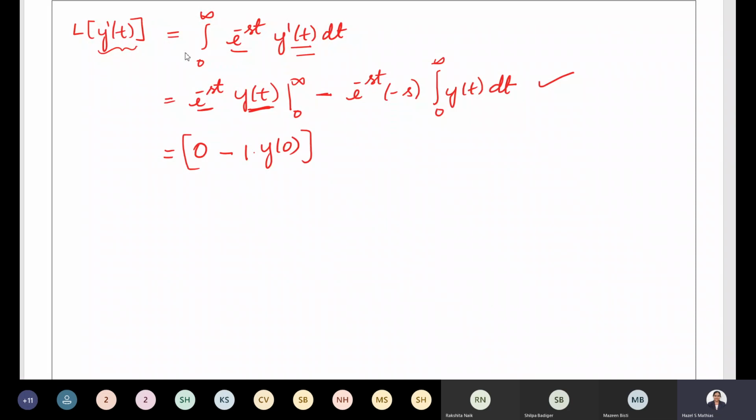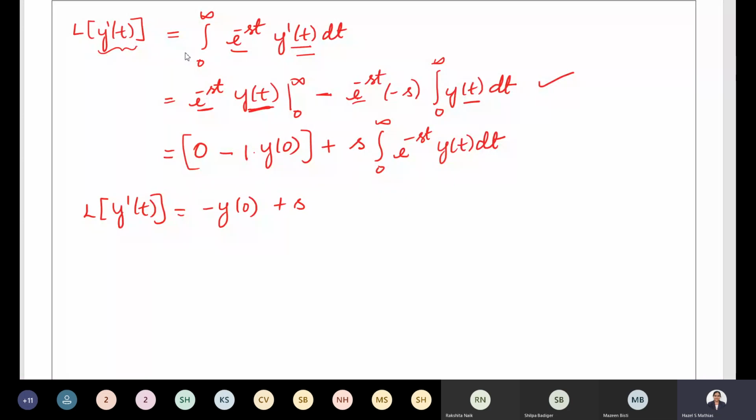Then here minus becomes plus s into integration 0 to infinity e power minus st into y of t dt. So what is the Laplace transform of y dash of t? It is nothing but minus y of 0 plus s into, what is this?